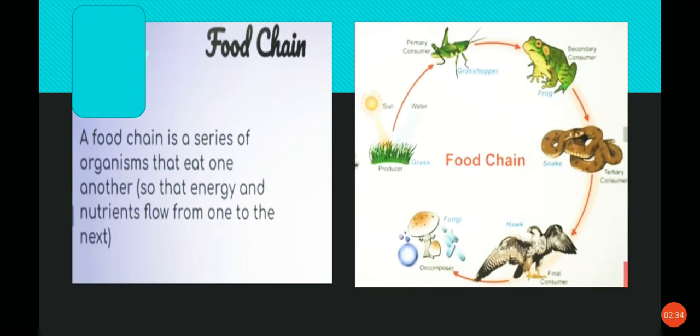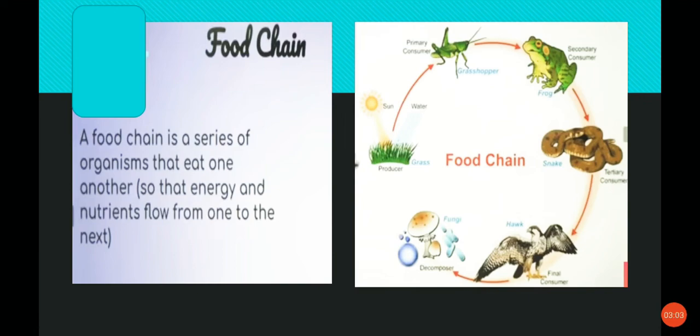What is a food chain? A food chain is a series of organisms that eat one another. Here we are depending upon other things for food. If you need energy, you need food, and you are getting energy from food.